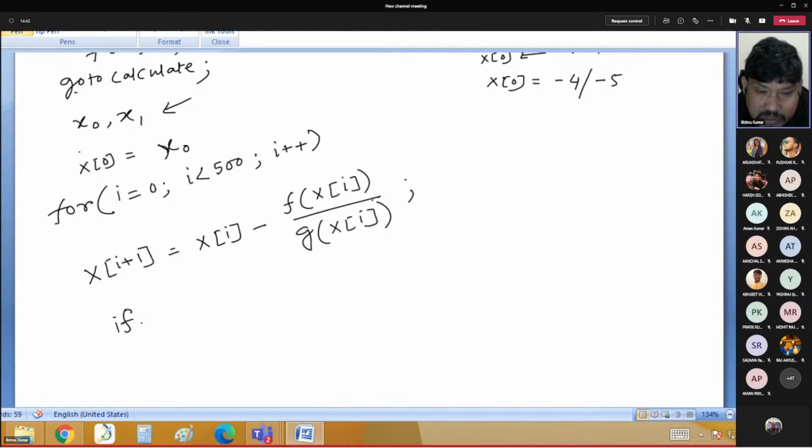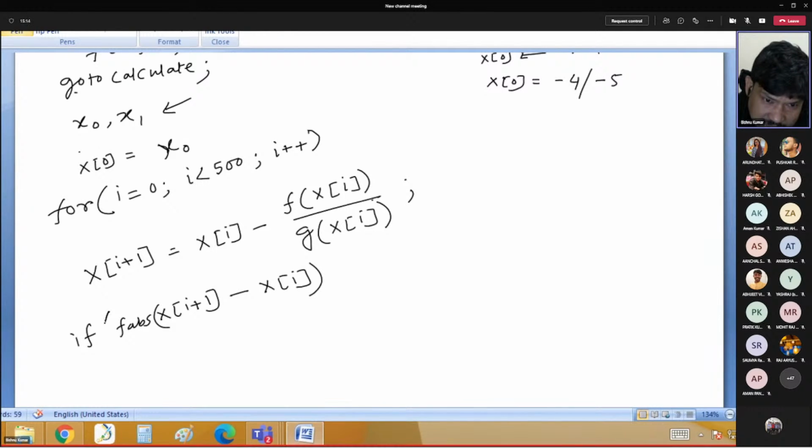Suppose I need a 5 decimal place result, so in 2 consecutive iterations, the (i+1)th iterated value minus the ith iterated value should match to 5 decimal places. If you check its absolute value, you give the absolute command, which in the C compiler is fabs. So if fabs is less than 10 to the power minus 5, you may write pow(10,-5).